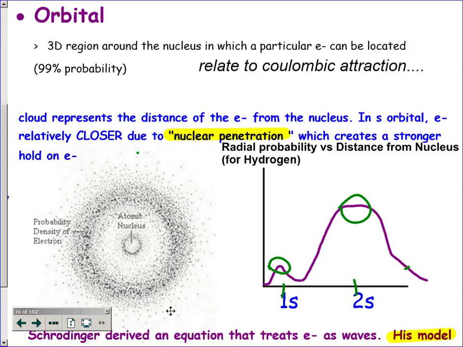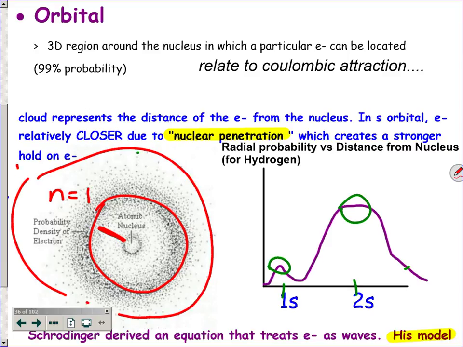So this cloud is supposed to be representing the 1s orbital. It's kind of spherical in shape, and it's the first energy level, meaning it's just a singular unit of distance away from the nucleus. So we're going to call this n equals 1, which is the first energy level. And then sequentially, you can draw the second energy level, and your cloud would be out here.